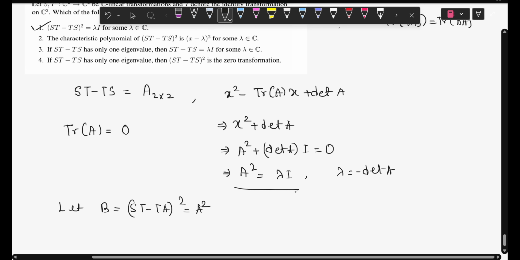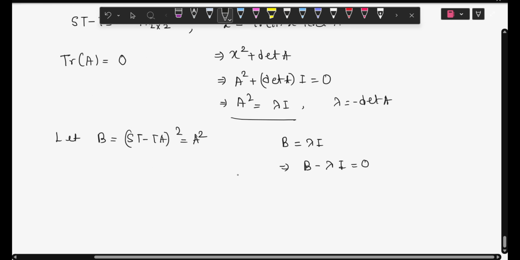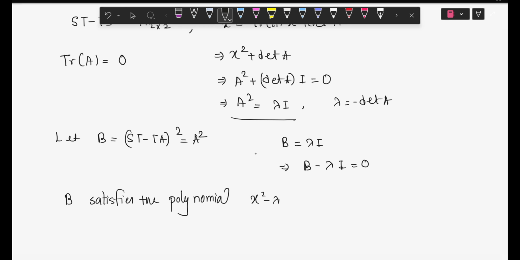Now observe this condition. We can say that B is equal to lambda I. So from this we can say B minus lambda I is equal to 0. So what I can say is B satisfies the polynomial x square minus lambda.